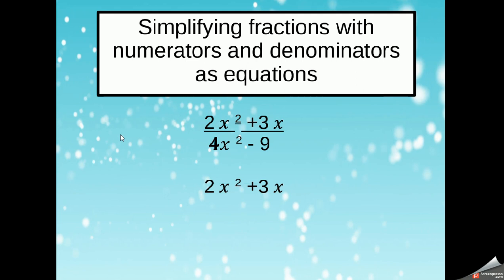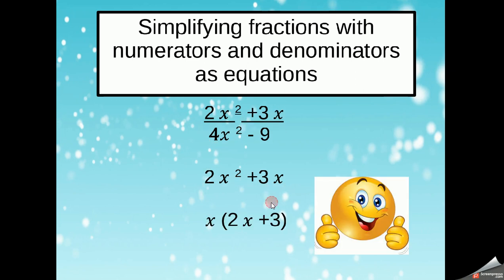Well, factorizing, if you remember, anything separated by a plus or a minus, we look to see what's common to them. And remember, if you're stuck on factorizing, or it's too fast, make sure you have a look over the factorizing video. So 2 and 3, nothing will go into them. X squared and x, remember that x squared is x times x, so x will go into both of them.